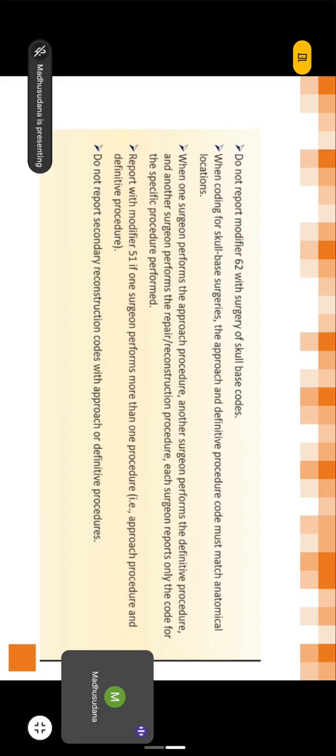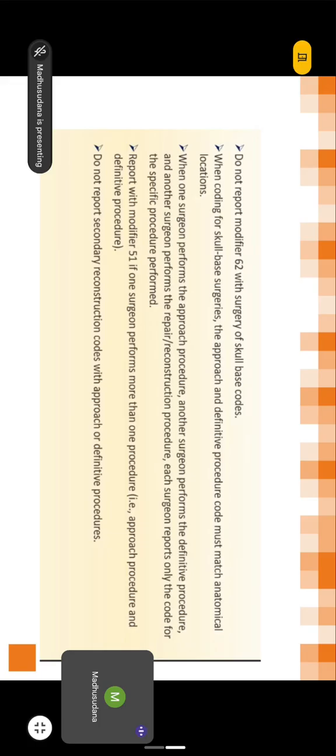Report with the 51 modifier if one surgeon performs more than one procedure. If one surgeon performs two procedures, the second procedure will be reported with the 51 modifier. If two different surgeons, no modifiers at all. Individually, you can report. That is a base guideline here.